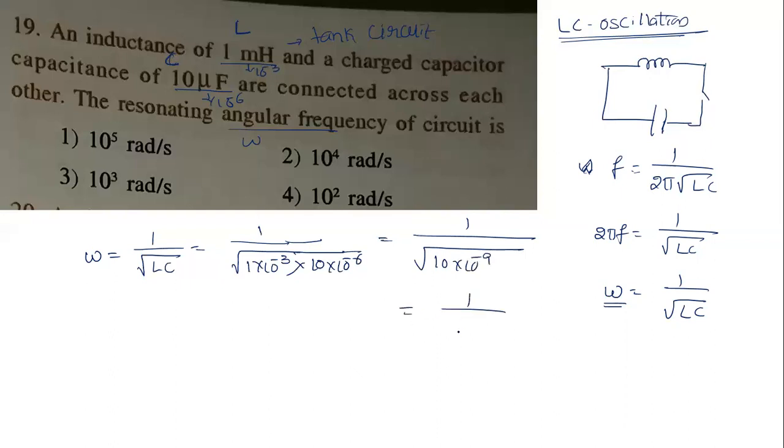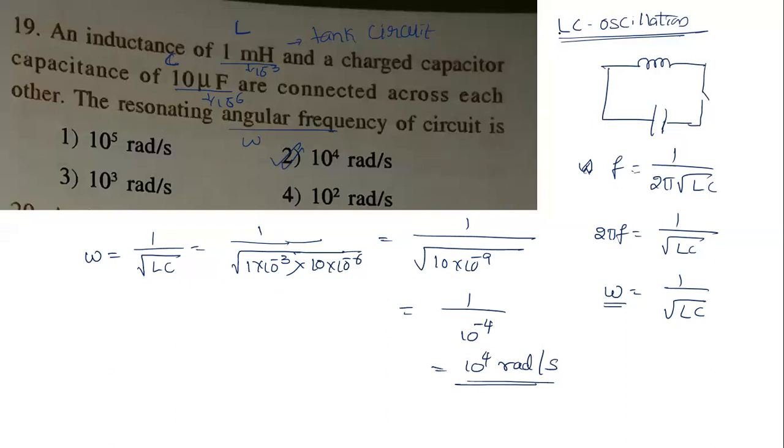So it will become 1 divided by 10 power minus 4. After simplifying the root, it becomes 10 power 4 in the numerator. What's the unit? Radian per second. That is the second option, which is correct. 10 power 4 radian per second is the value of the resonating angular frequency.